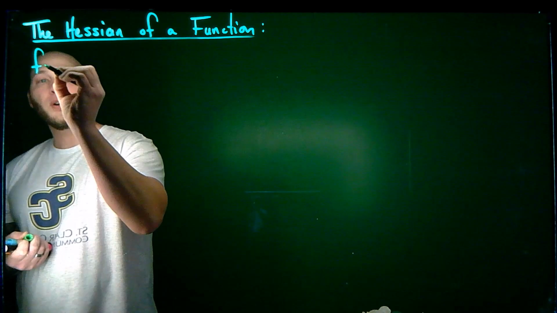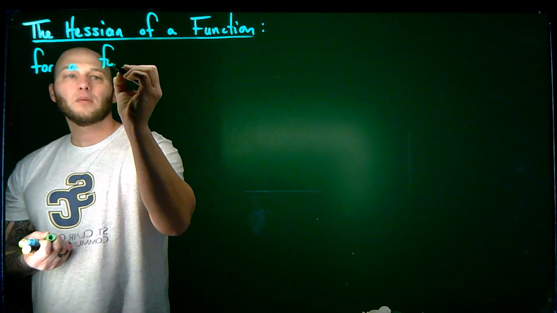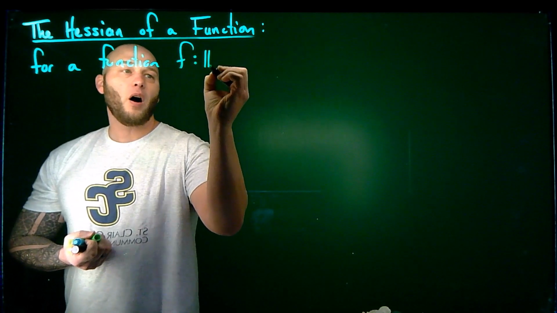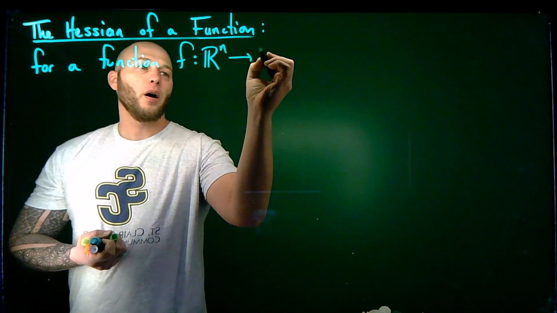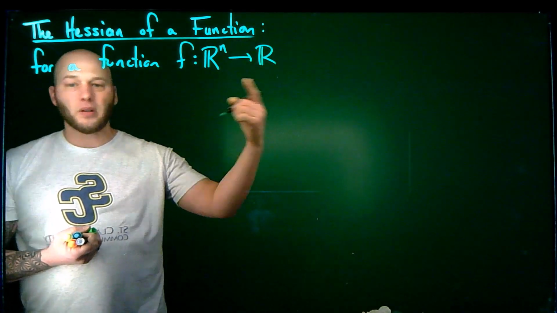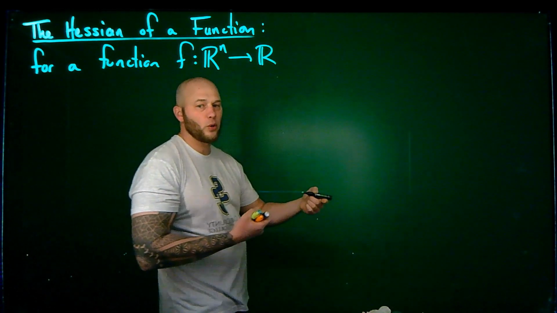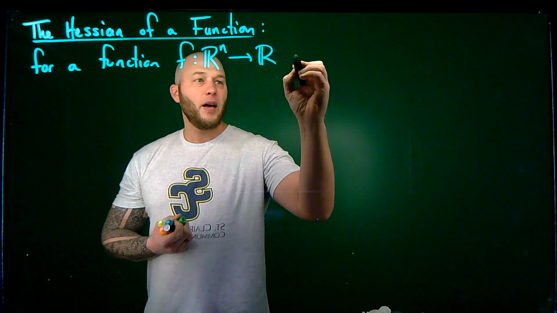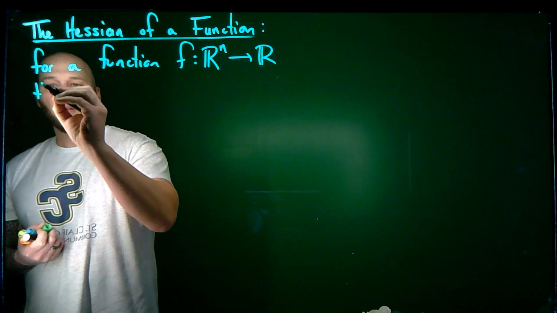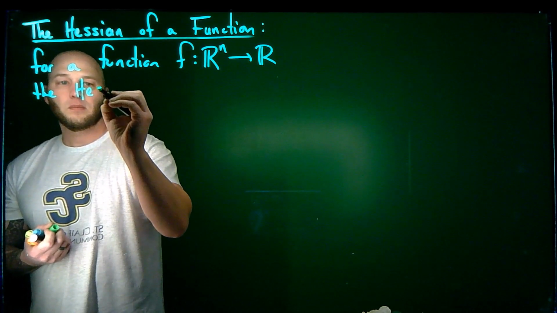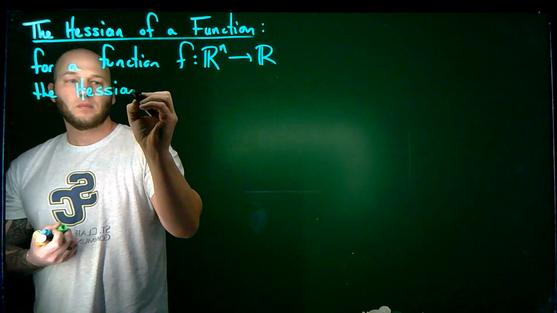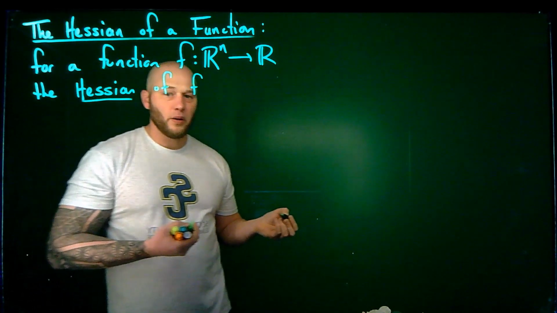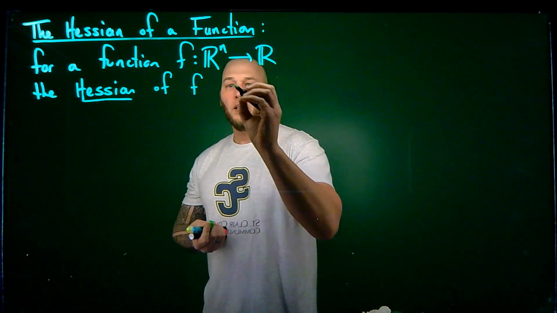So for a function f which takes Rn to R, in other words, ordered pairs to real numbers, or ordered triples to real numbers, ordered quadruples, and so on, to individual real numbers, the Hessian of f, or we can also call it the Hessian matrix of f, is the following.